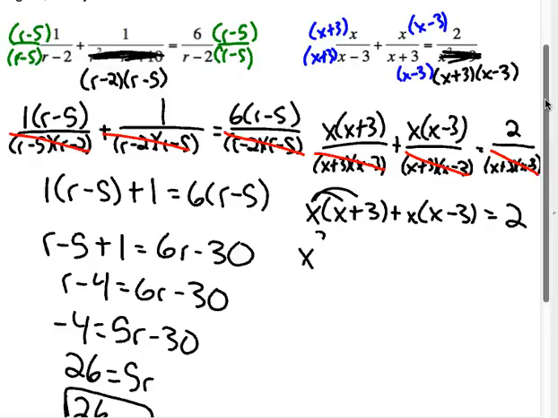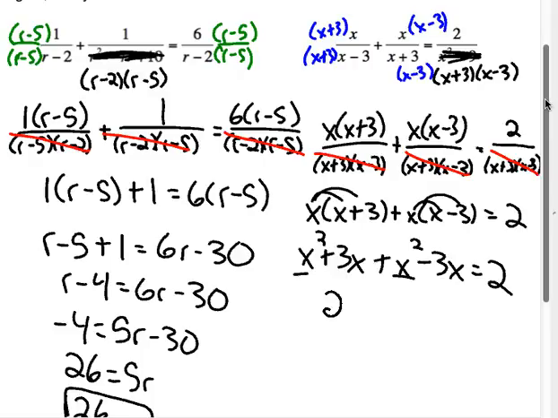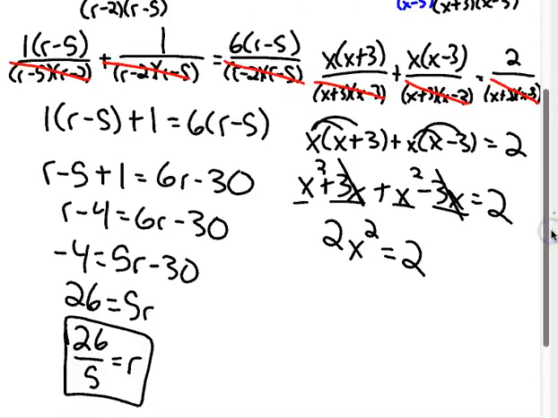So I have x squared plus 3x plus x squared minus 3x equals 2. x squared plus x squared is 2x squared. 3x minus 3x, well, that's fun. That just kind of cancels. And I'm left with this: 2x squared equals 2. Divide both sides by 2, so x squared equals 1.